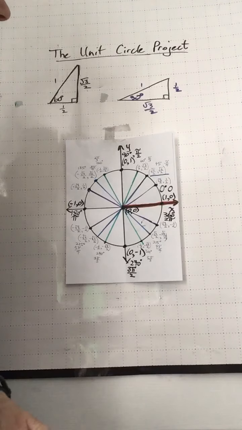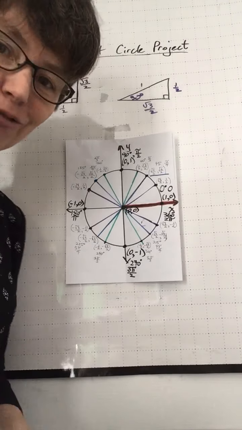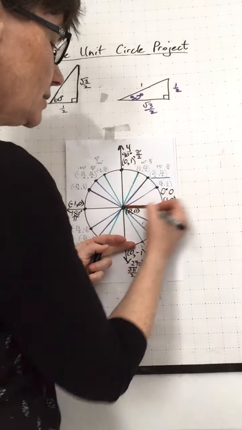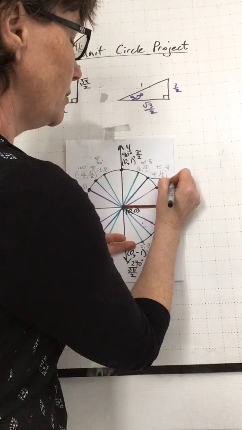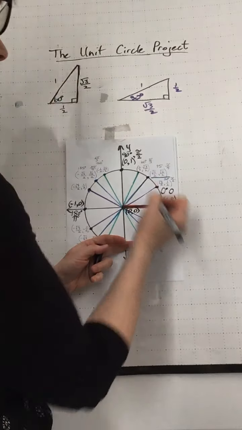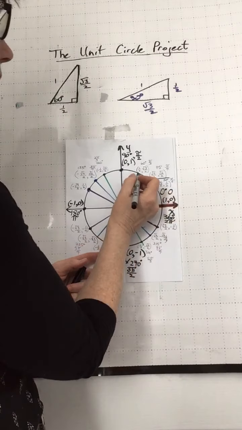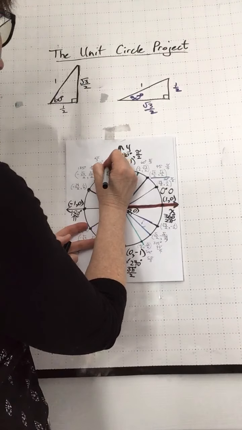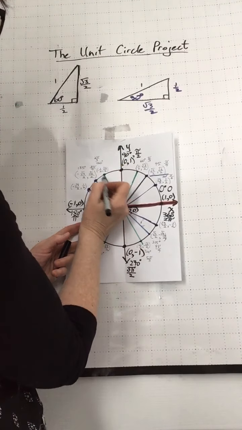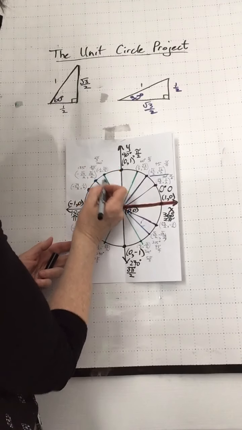Now we need to add the angles in degrees and radians both. So first one, this is 30 degrees or π/6 radians. Okay, and next 30 is here, next 30 here, next 30 here. So we already have that one, that's the green, 120, 2π/3.